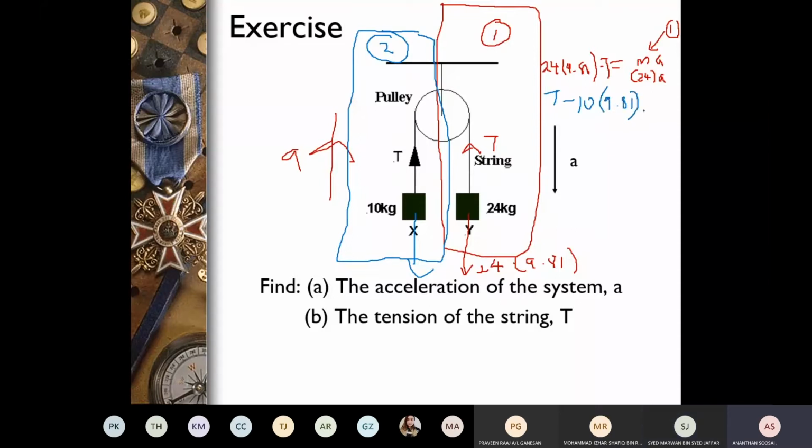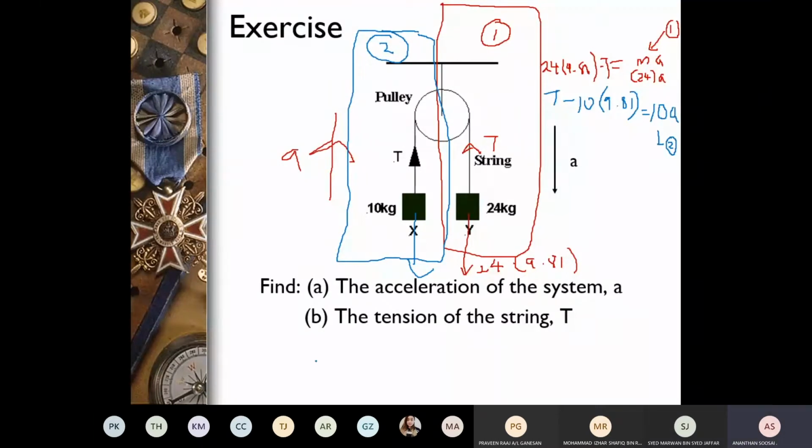Negative and positive are only for kinematics. It equals m, where m is 10, so 10a. This is the second equation. In dynamics, just positive. Only in kinematics do you consider positive and negative for gravity. So you got two equations. If your maths is good, this is a simultaneous equation. You can work out the T and the a. But I'm more interested in the equation.